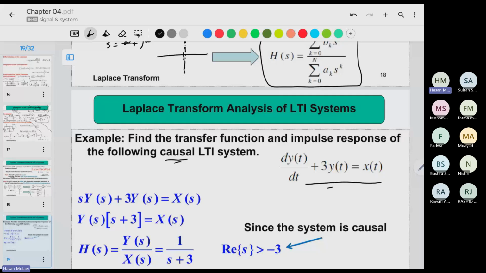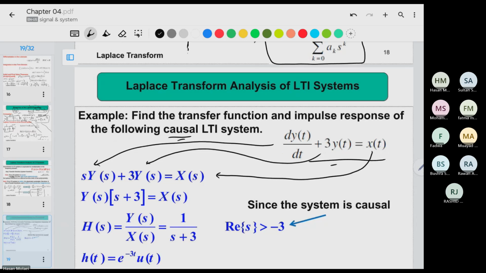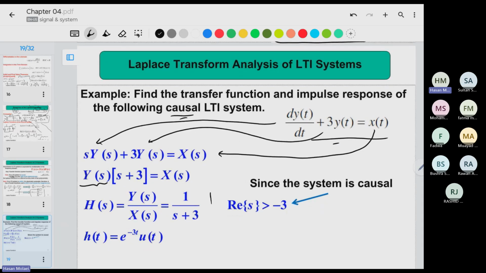We know if we do derivation or differentiation in time domain, in S domain, we need to multiply it by S. Coefficients are the same, and Laplace transform of x gives X(s). If I take a factor of Y(s), it would be s plus 3, and transfer function would be something like that.